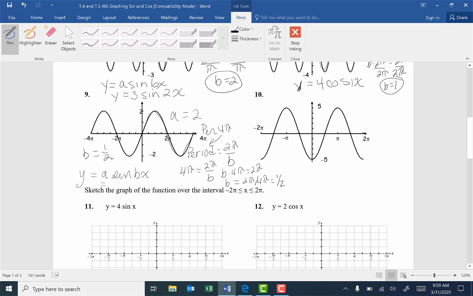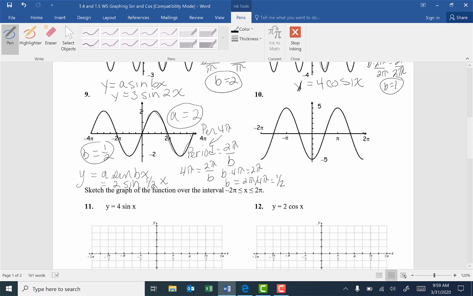We substitute our b in, and our a into the equation, and we get y equals 2 times the sine of 1/2 x. Notice the a tells us it goes up to 2, and its low point is at -2, a distance of 2, and then the b is 1/2. So the period is actually stretched out longer.